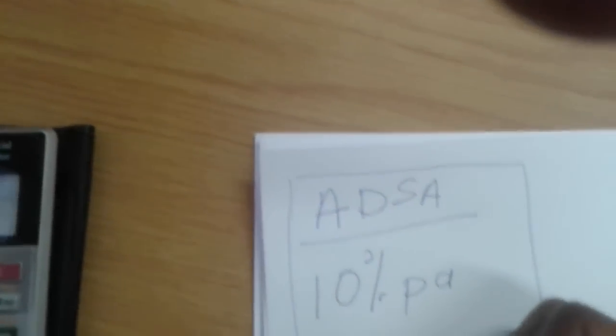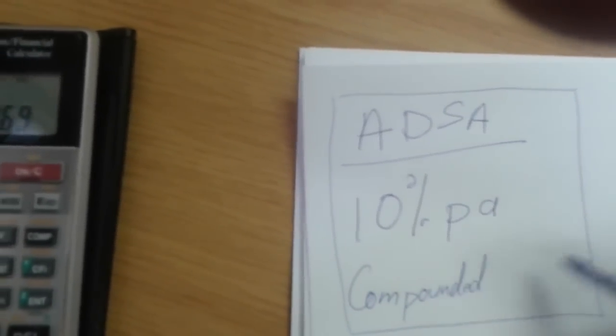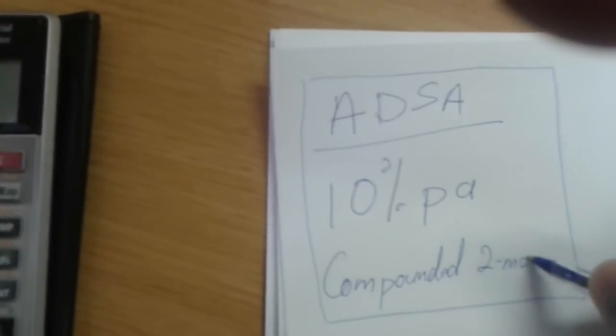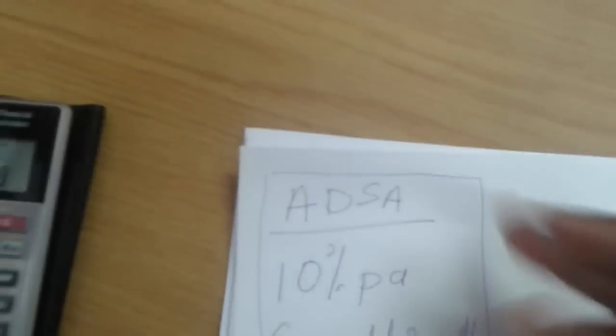We are offering 10% per annum compounded 2 monthly. So you see this advert and you decide, okay, I'm going to invest my money.